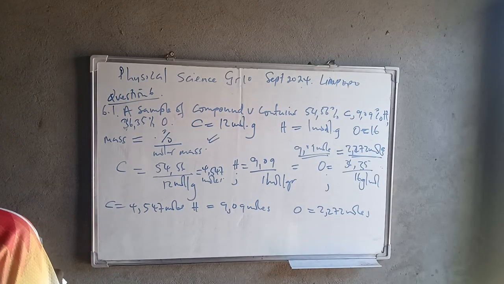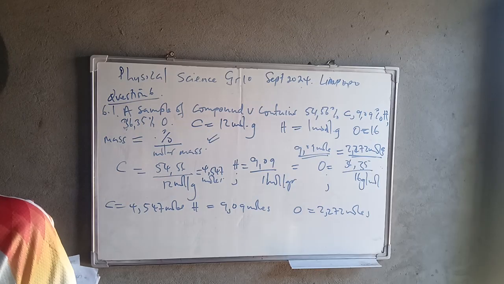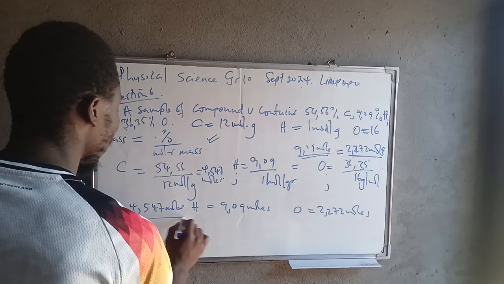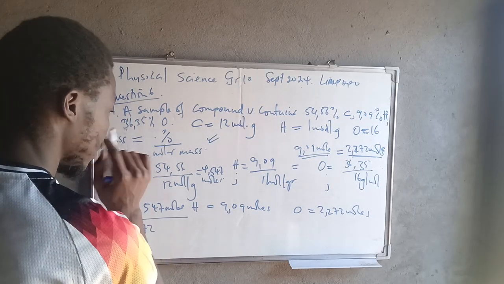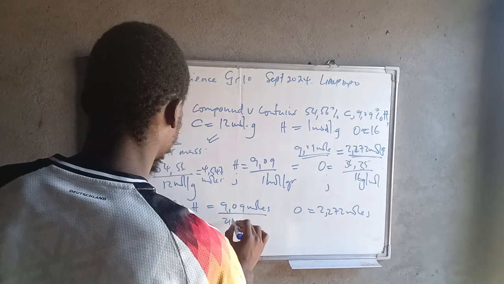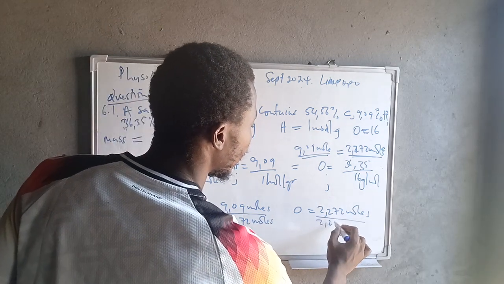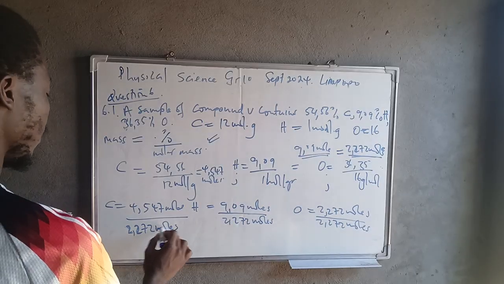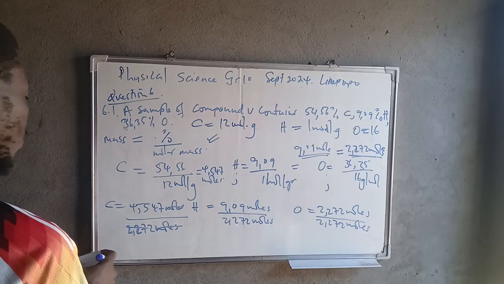The smallest is 2.272, so we divide all the moles by 2.272. For carbon we remain with 2.